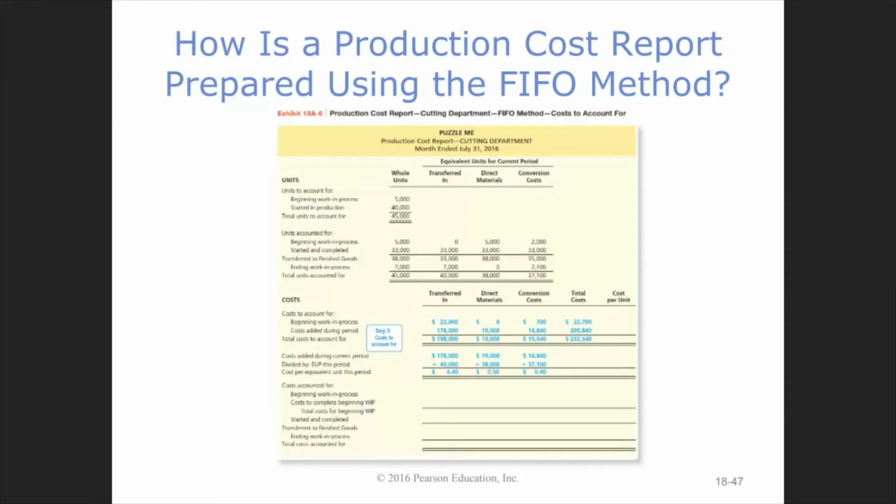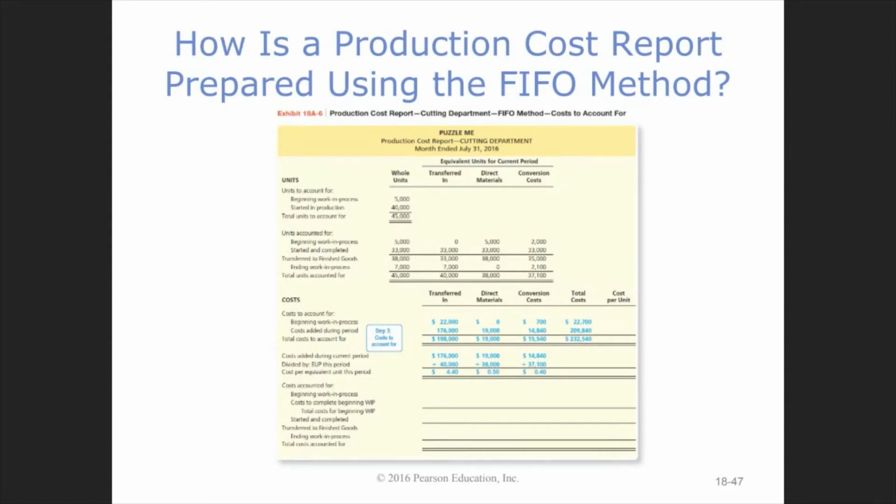So how is a production cost report prepared using the FIFO method? Scrolling into this, we're moving to the next step. We've also already seen this earlier, but here it's just showing us our transferred in, we have our cost added during the current period of 176,000.